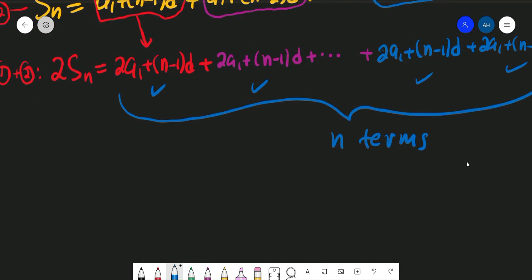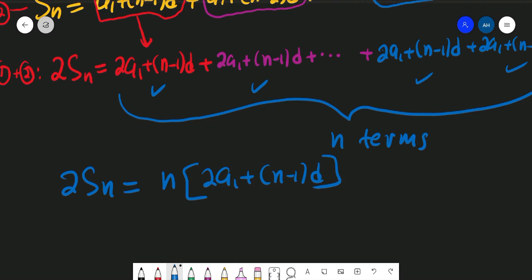What that means is on the left hand side we have 2Sn. On the right hand side, since they are adding, we can do it in terms of multiplication. So that is equal to n multiplied by 2a1 plus n minus 1 times d, like this.